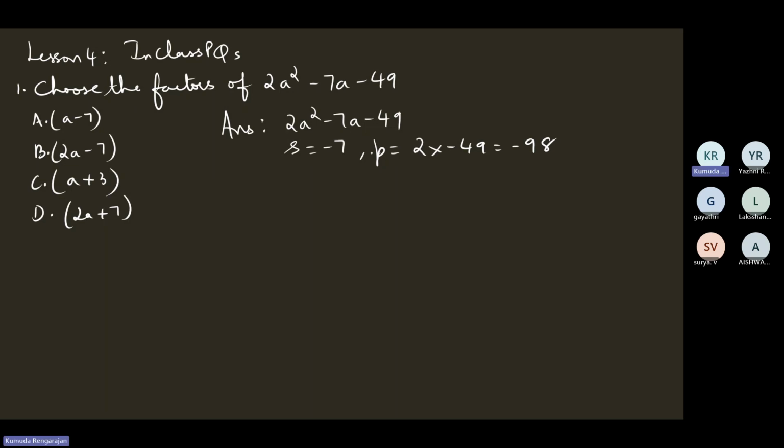So now you'll have to write the factors of the product. 1 into 98 is 98. 2 into 49. 3, no. 4, no. 5, no. 6, no. 7.